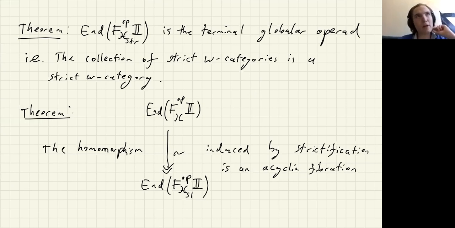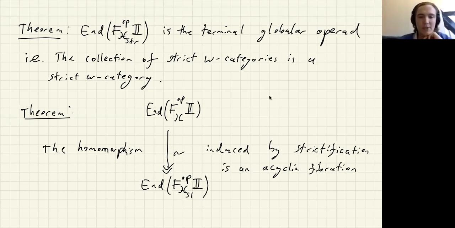So we have a globular object inside some category. Now that category has a weak factorization system with our acyclic fibrations again being the acyclic fibrations in that factorization system. And it turns out that globular object is cofibrant in the sense that all its objects are cofibrant and all its boundary inclusions are cofibrations.